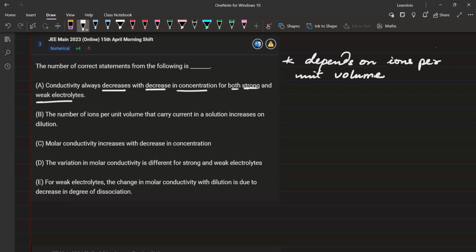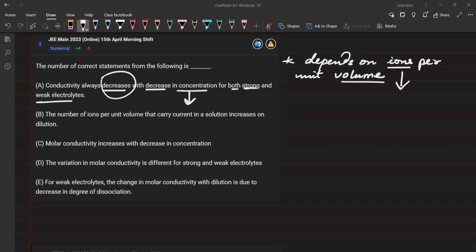Sigma is A into sigma upon L. Conductivity depends on the ions per unit volume, like in one unit volume, how many ions you are having. So if you decrease the concentration, ions per unit volume will also decrease. That is why conductivity will always decrease when there is a decrease in concentration.